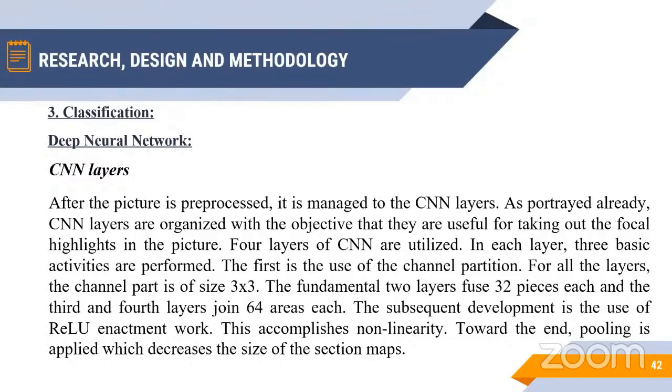The first is to use the channel partition. For all the layers, the channel part is of size 3 by 3. The fundamental two layers have 32 and 64 filters each. This achieves non-linearity at the end, and pooling is applied with a decreased size of the feature maps.